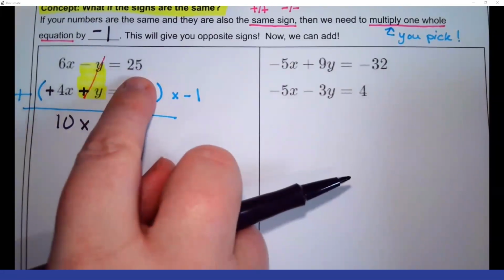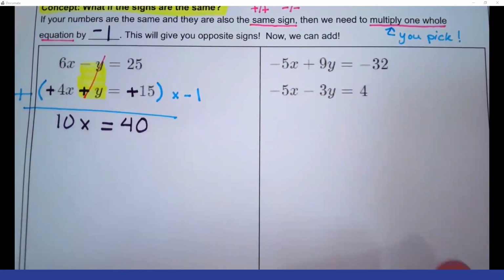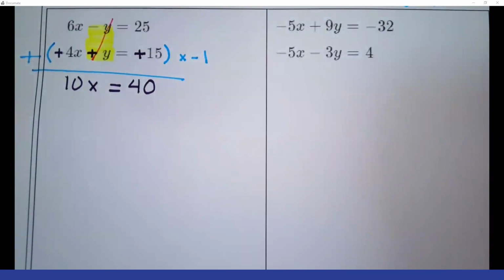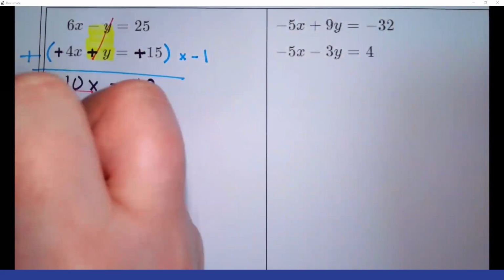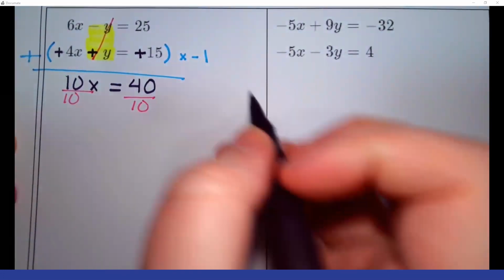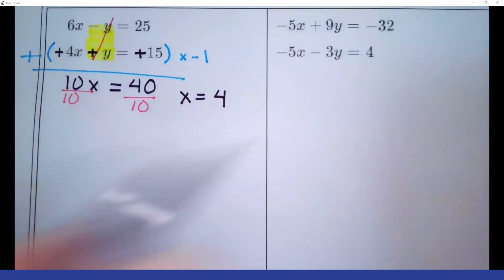And now it's 25 plus 15, which is 40. So everything after you multiply an equation by negative 1 is exactly what we just learned with our other examples. So now we just divide by 10, and we get x is equal to 4.